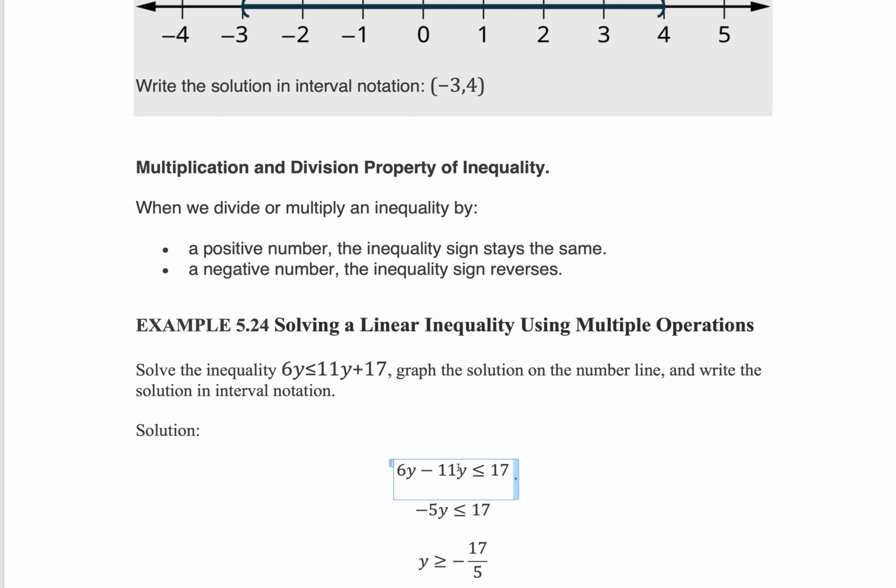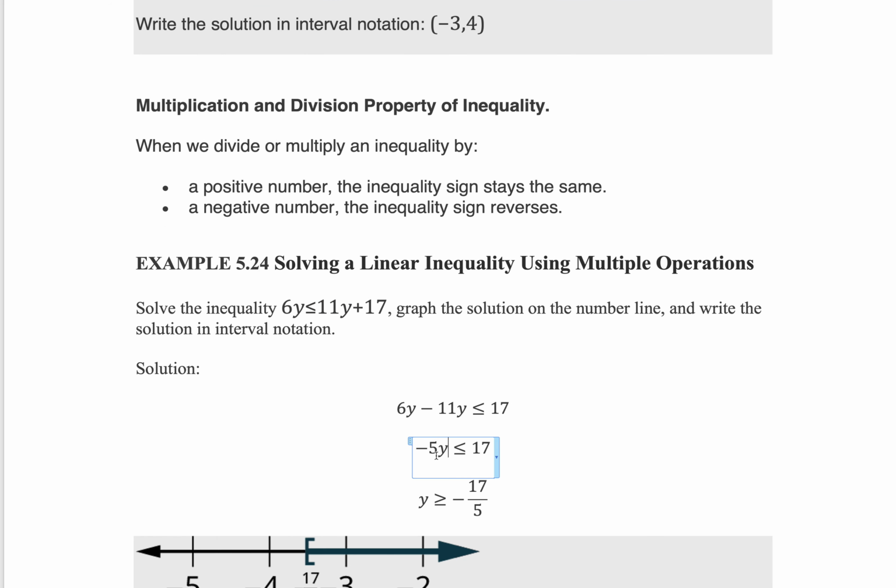Specifically this time, I'm talking about terms with the unknown y, and adding -11y to both sides. Then adding to the left side, the result is -5y. And on the right hand side, when I add this negative term to both sides, it will cancel the original term over here, okay?